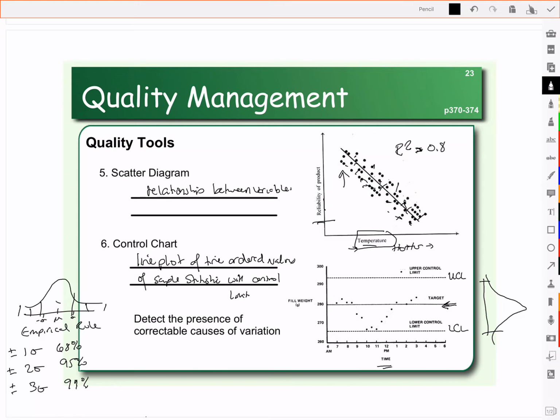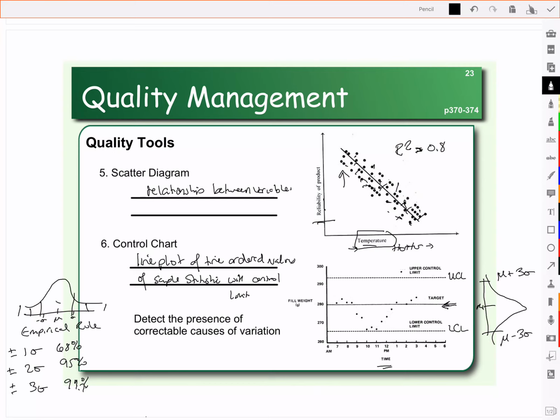How much variation will you allow? So let's suppose that we're going to include 99.7% of the data. Our upper control limit will be our average plus 3 standard deviations, and our lower control limit is the average minus 3 standard deviations. Okay, here we have our average in the middle.